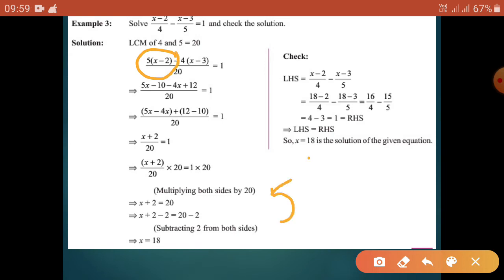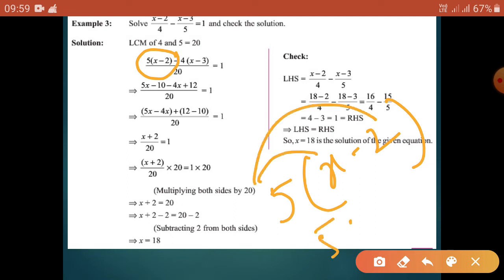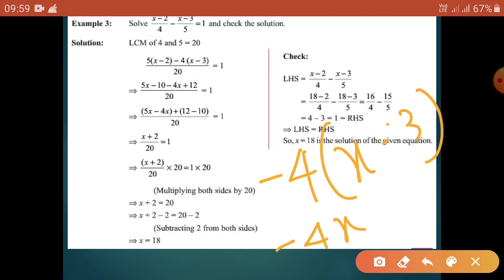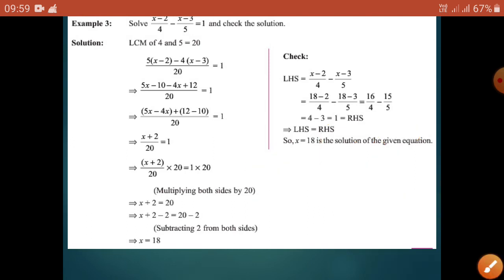We know 5 with the bracket, so we can write 5x minus 10. For the next term it is minus 4 into (x minus 3), so that is minus 4x plus 12. Okay, so we are getting 5x minus 10 minus 4x plus 12 by 20 equal to 1.